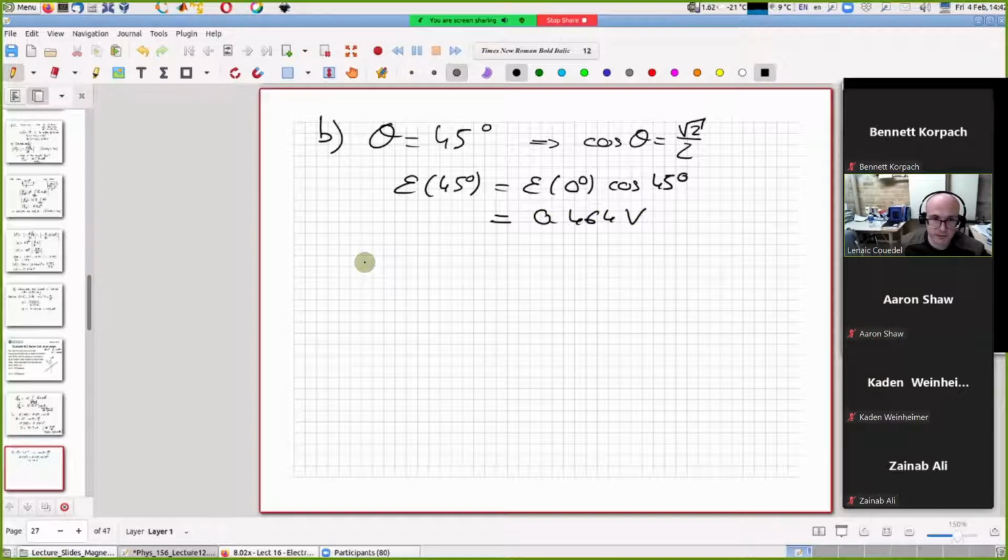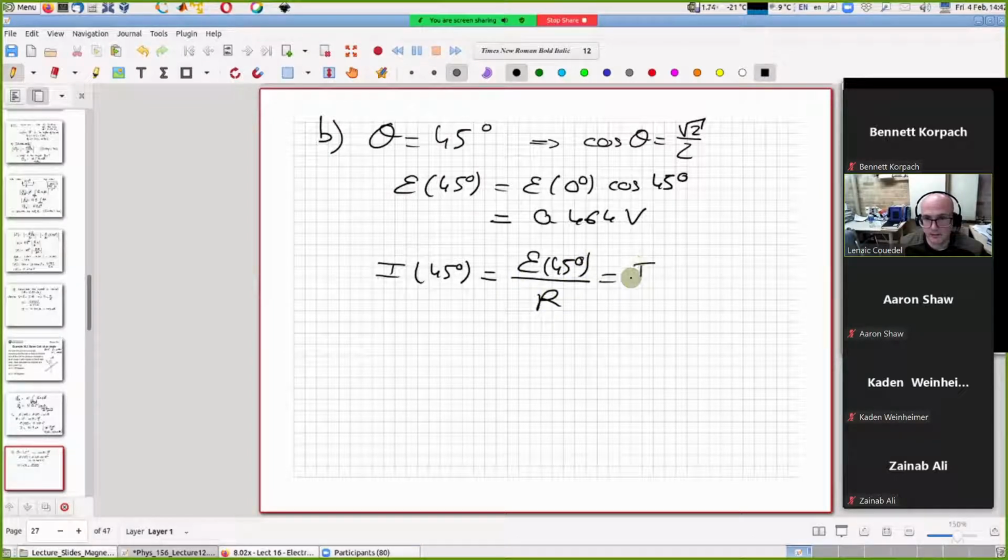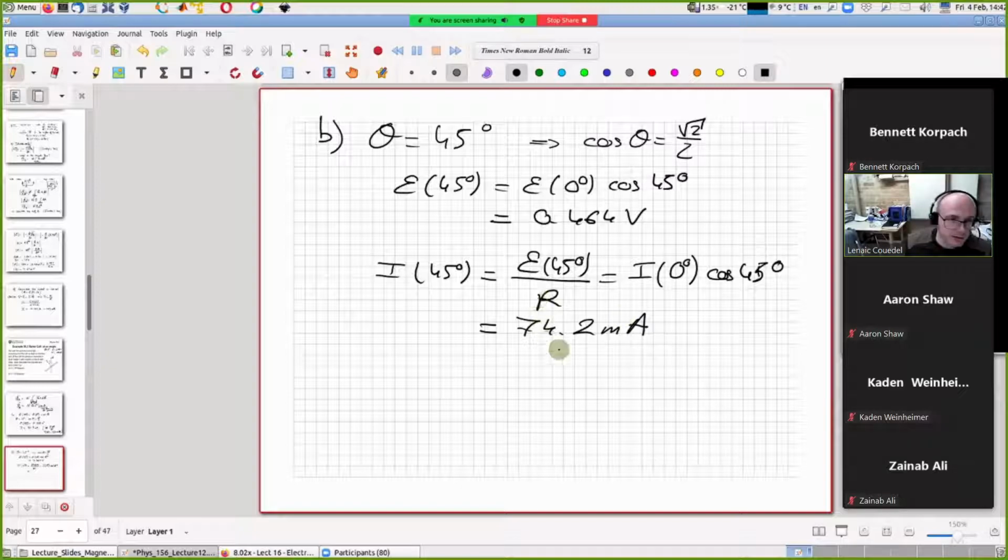And the current at 45 degrees will be equal to either epsilon of 45 degrees divided by R, or I of 0 degrees times cosine 45 degrees, and you will obtain 74.2 milliamps. Does that make sense for everyone?